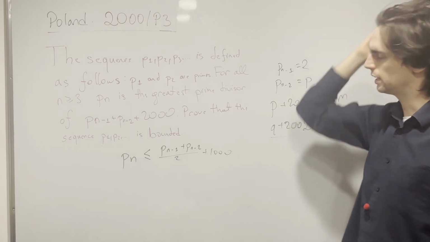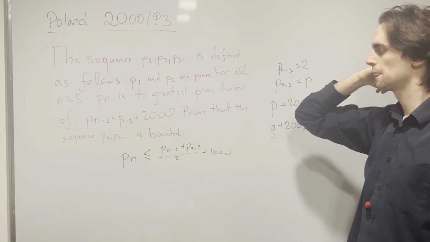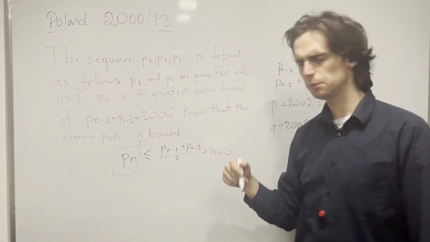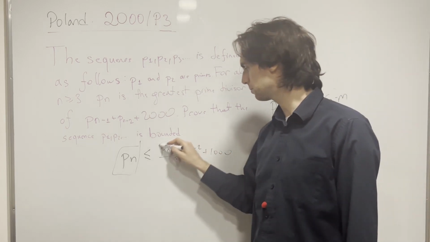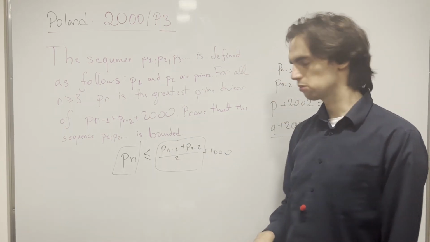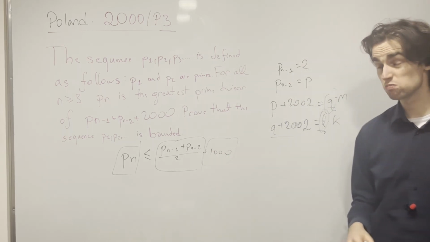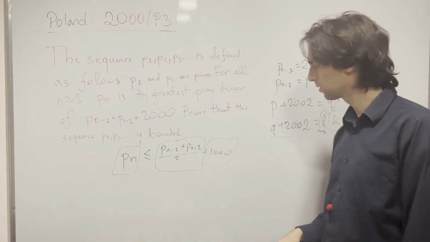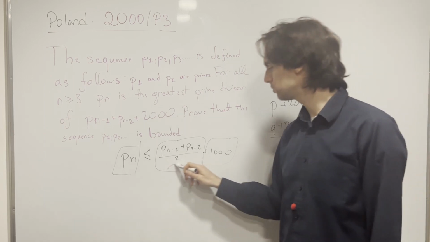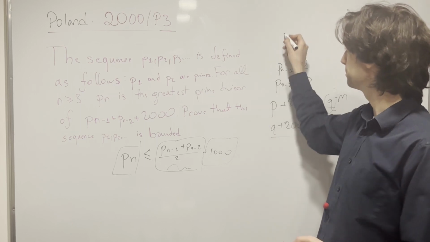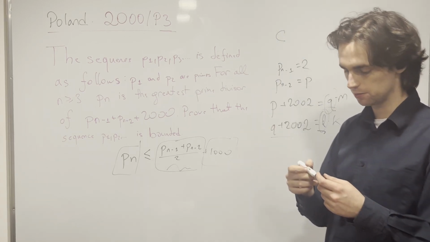And sort of what this is telling me is this next prime number is going to be less than or equal to the arithmetic mean between these two primes plus some constant-ish thing. We'll say these two things. Say the sequence is bounded by some C at some point, right?